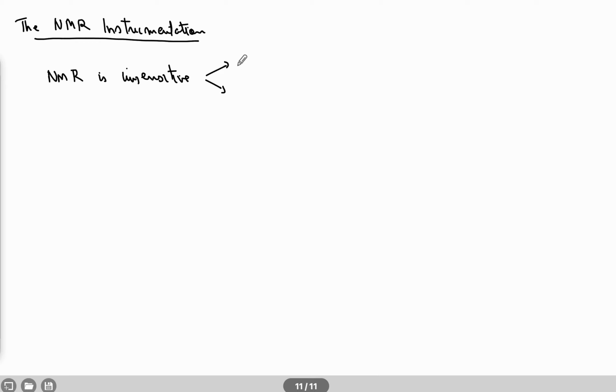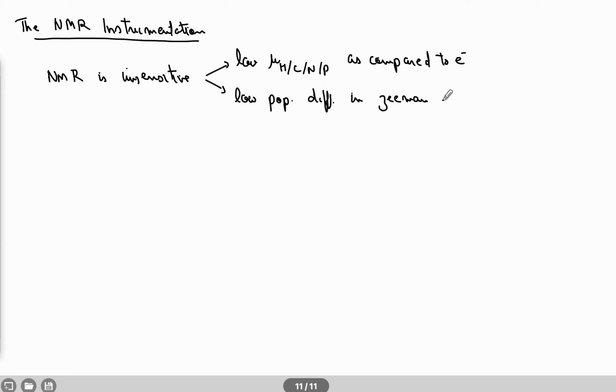One is the low magnetic moment of protons or other nuclei, let's say carbon, phosphorus, and so on, as compared to, let's say, electrons. Okay, and then low population difference in Zeeman levels. So this is all very clear to all of us, right?